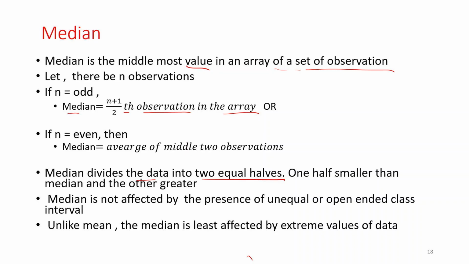Many a time a student will ask, what is the median mark in a test? The median mark will indicate that 50% of the students are above that mark and 50% of the students are below that mark. So median therefore will divide the data into two equal halves, one half smaller than the median and the other greater than the median.